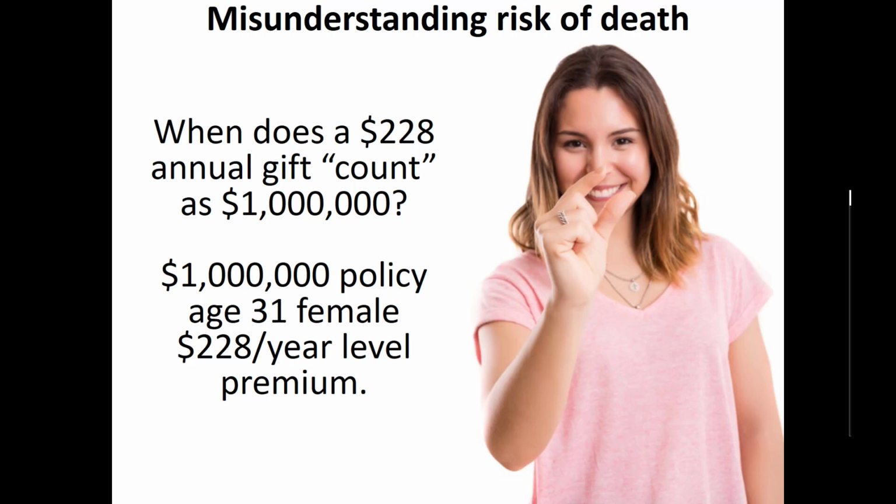Because that is looking at the probability that you're going to die during that year multiplied by the $1 million. Okay, that's the value it has for me. Now, the actuarial reality is that I get that value every day, every year.